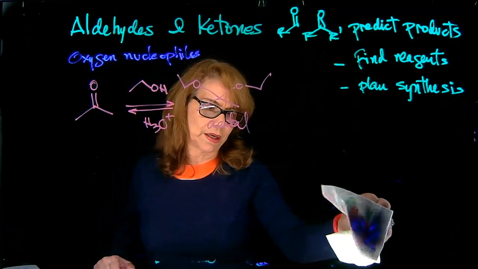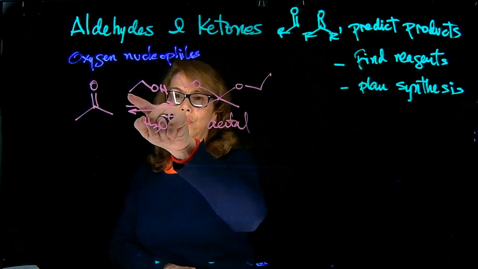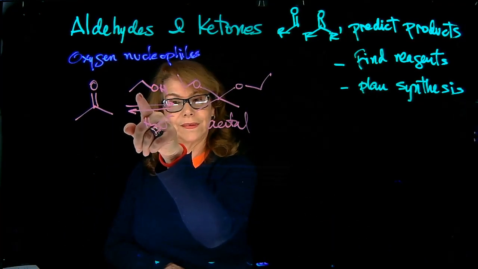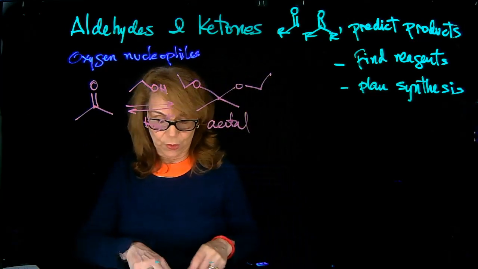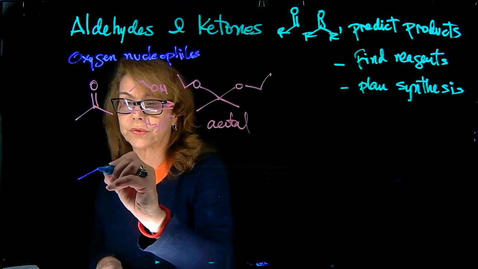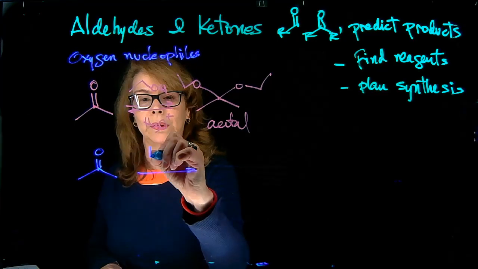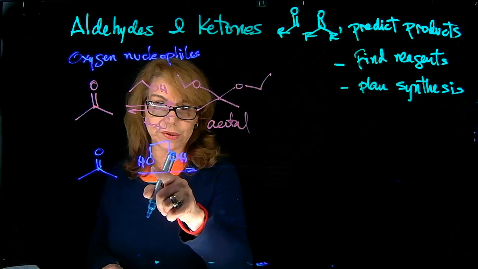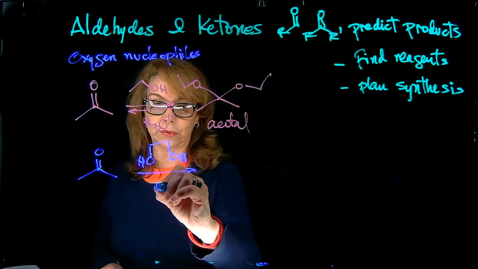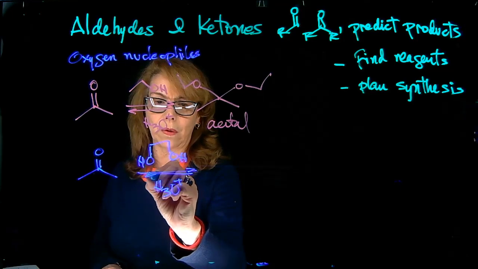The idea with cyclic acetals is that instead of having, say, 2 moles of the alcohol per mole of the carbonyl, if we're making this react with ethylene glycol, now I have the two OHs, the nucleophiles, on the same molecule. And again, the process is reversible.